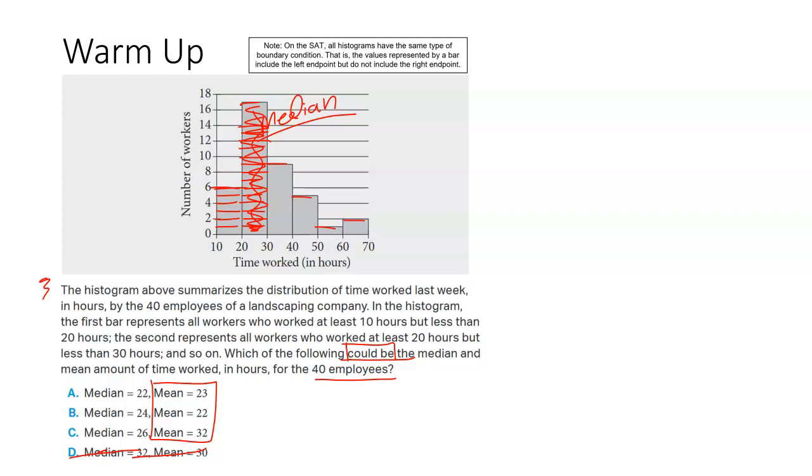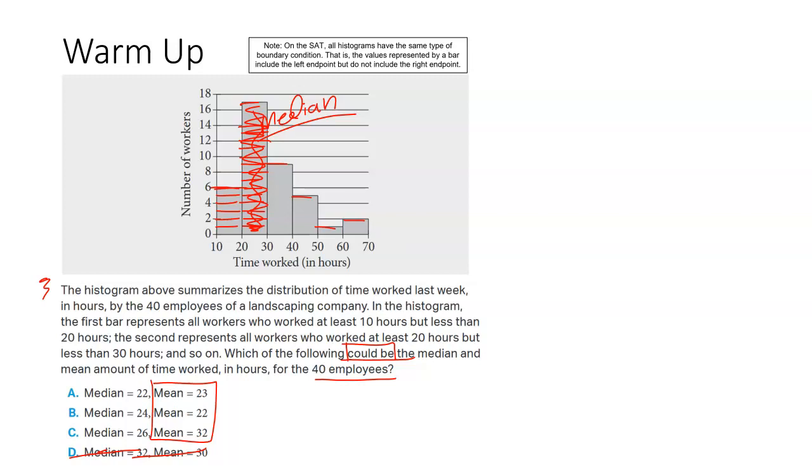That's going to shift my mean further to the right. So my mean is probably going to be to the right of my median value, because I have all of these higher values pulling that average higher and higher. So which of those options makes the most sense for what our mean is going to be?